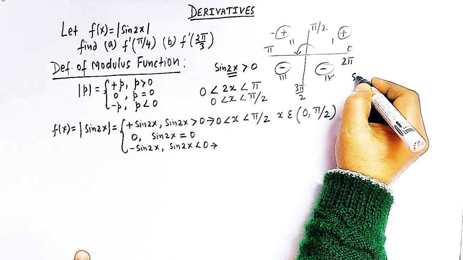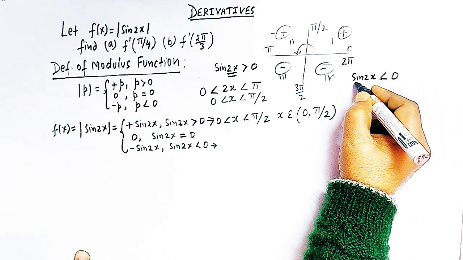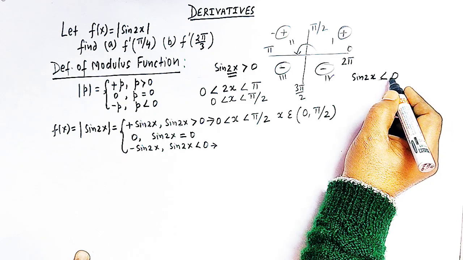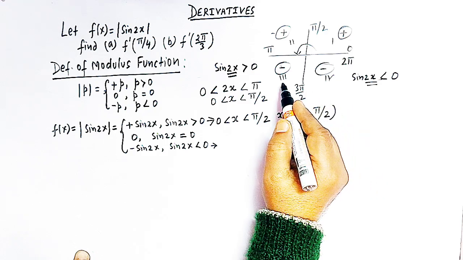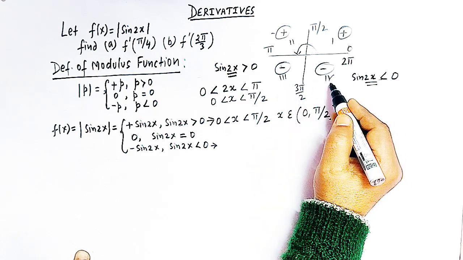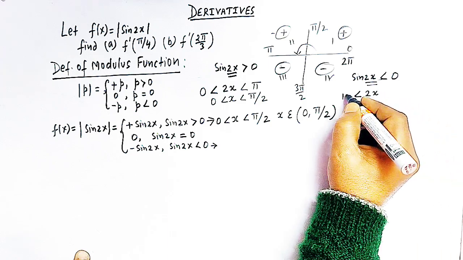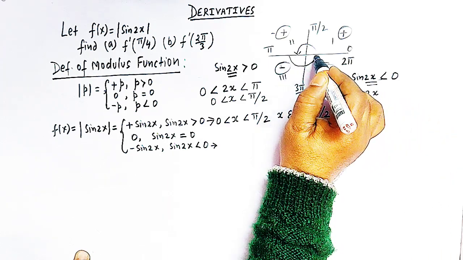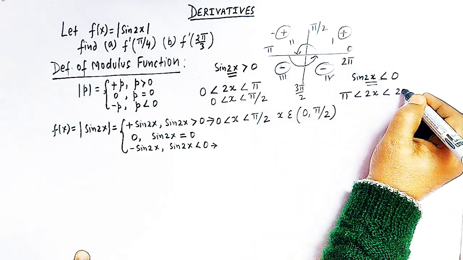Okay, now let us come to this inequality. Here sine 2x is less than 0. It means sine 2x should be a negative quantity, and this happens when 2x lies either in the third quadrant or in the fourth quadrant. So we can now write 2x is greater than pi, because now we have to go from pi to 2 pi.